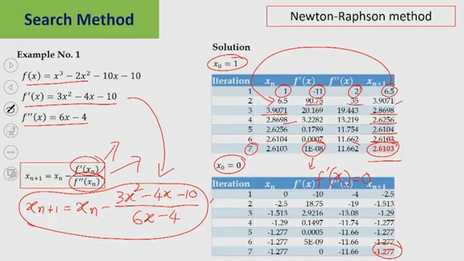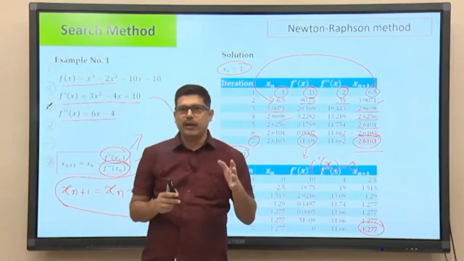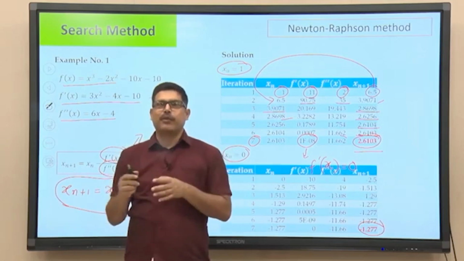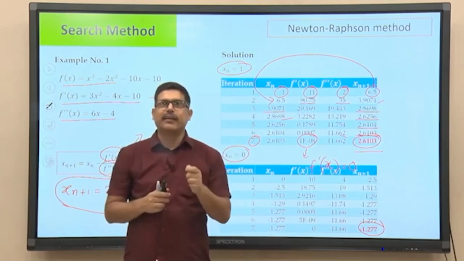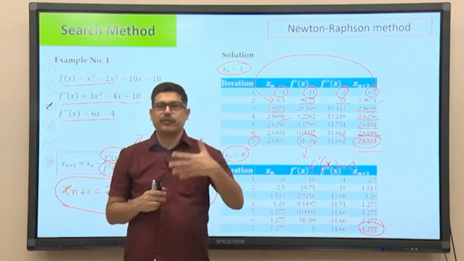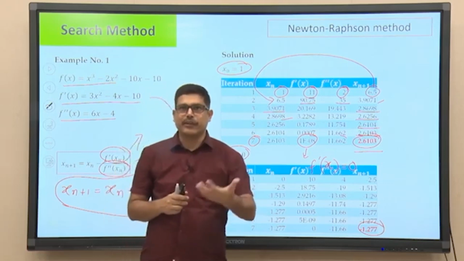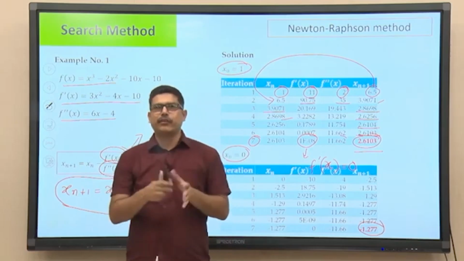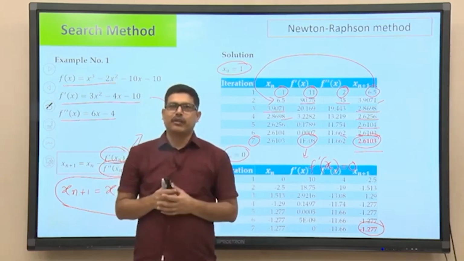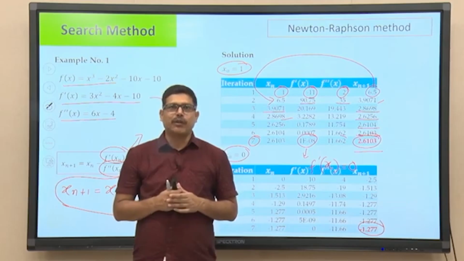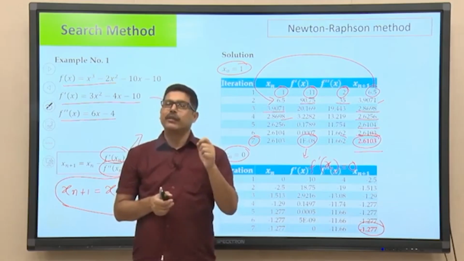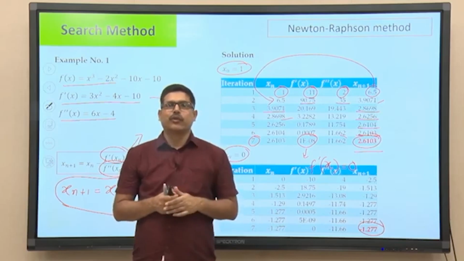So, in the Newton-Raphson method we are not specifying the lower bound and upper bound, but we are starting with a single initial solution, which we call the starting point. If you have a unimodal function, you need not worry, you will get that particular solution only. But if your problem has more than one optimal solution, depending upon what initial solution you have chosen, you will get one of them.